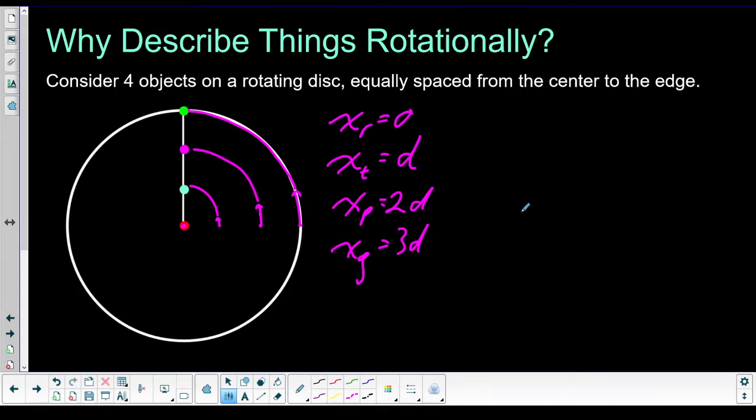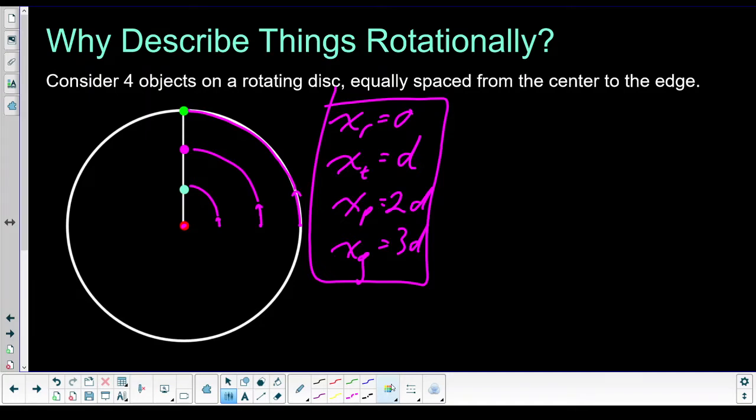So if I want to know how far these dots went, we get a bunch of weird answers, right? They're all different lengths. We have to know how far they are from the center, the angle they rotate through, and then we have to remember how to do geometry. And let's be honest, no one knows how to do geometry. So this is a complicated thing.